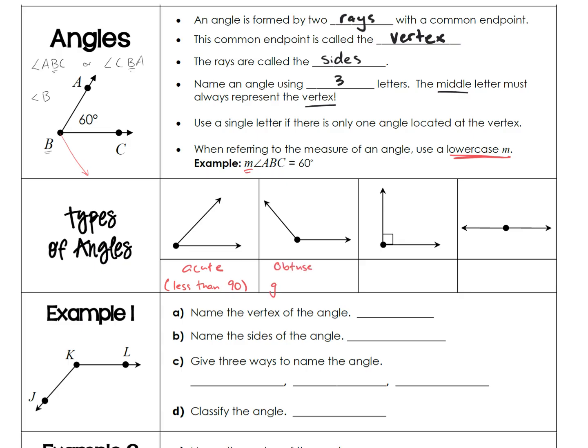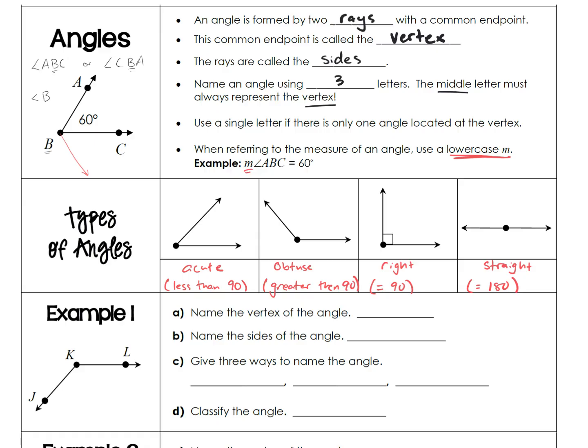These are greater than 90 degrees. Next, you have right angles, which are angles that equal 90 degrees. And then last but not least, we have straight angles. Straight angles equal 180 degrees.